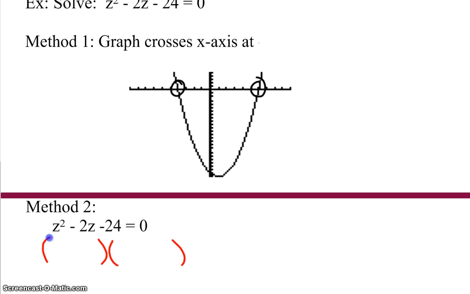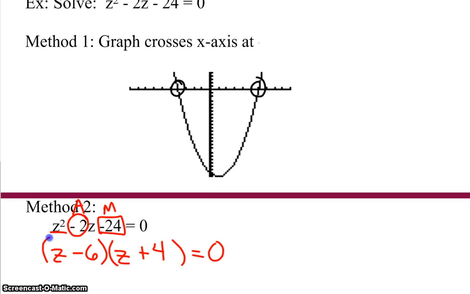I know that to get the first term of z squared, I need a z in the front of each of my 2 binomials. Then I know that I'm looking for 2 numbers that when I multiply them give me -24, and when I add them give me -2. Those 2 numbers happen to be -6 and +4.